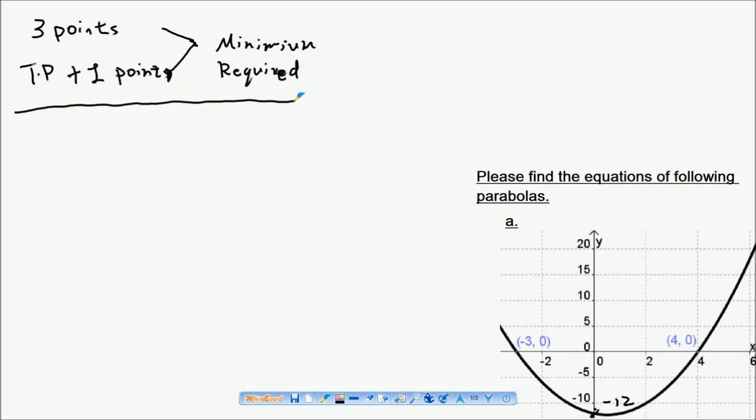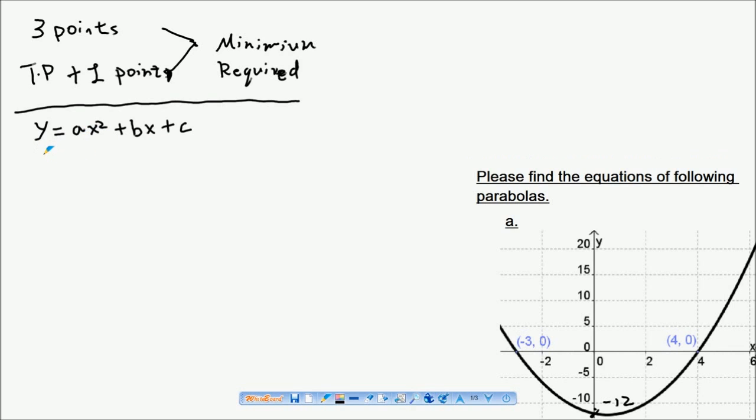Now, the parabola, as I told you before, has a general formula of y equals ax squared plus bx plus c, where a, b, c are constants or coefficients.